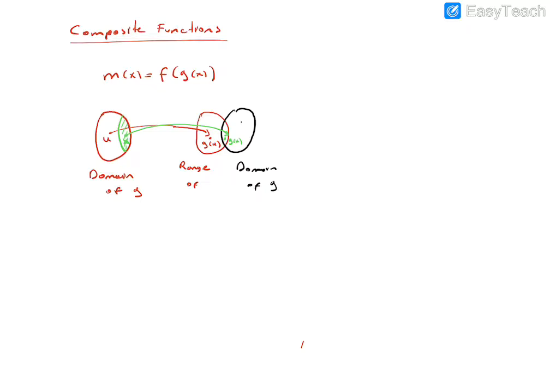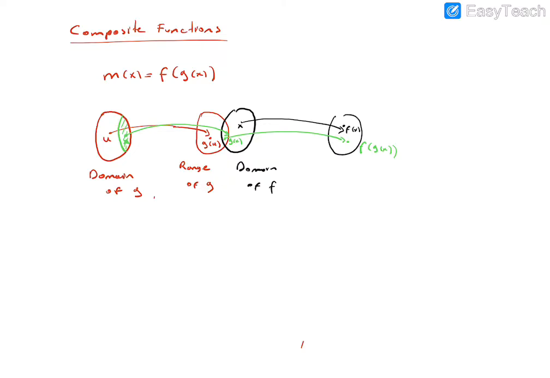This is the range of g. This is the domain of f. So, for any point, we can map that point by f. But because we focused on our point x, g of x is mapped to some point under the map f. So this point is f of g of x.